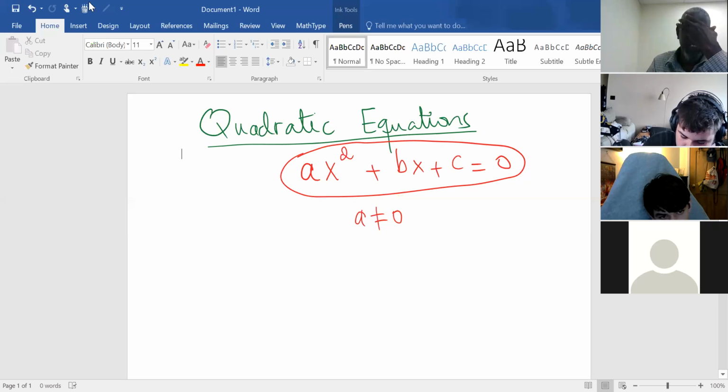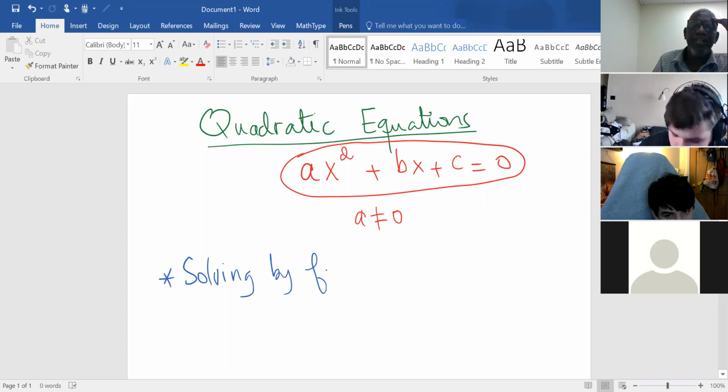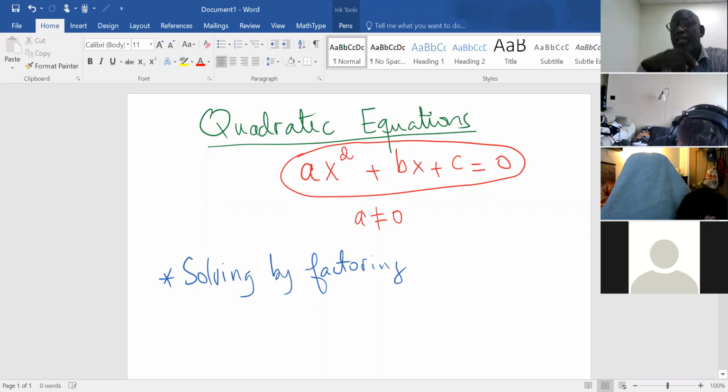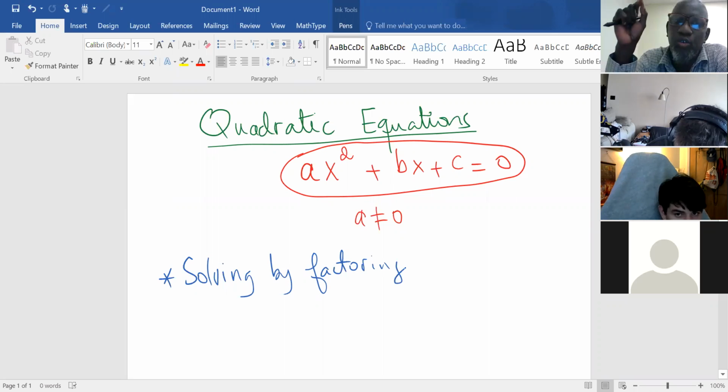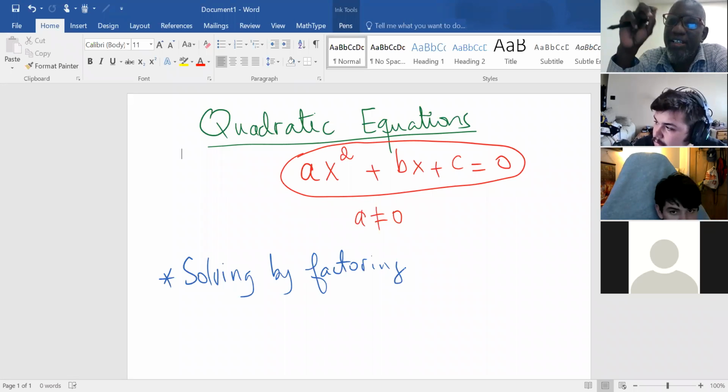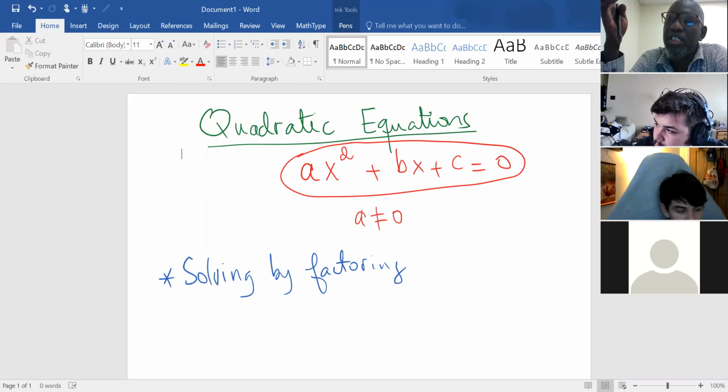The first method we learn in college algebra is solving by factoring. But this method only works when the example is a nice one, meaning one that we can factor easily.